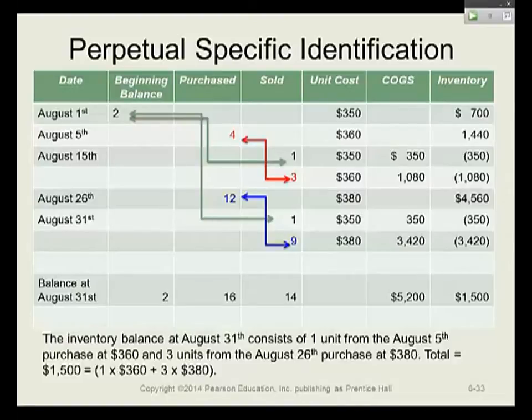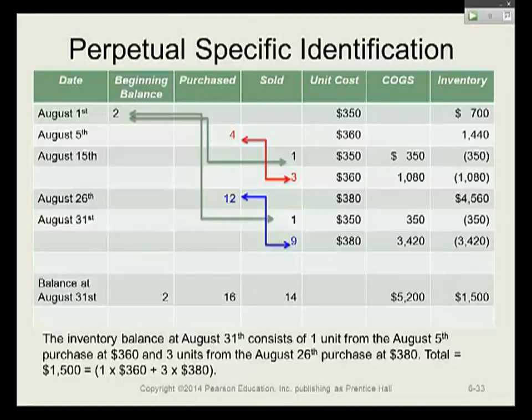Again, this is relatively easy because I would have to tell you that one of the units you sold came out of the beginning inventory. Now there's nothing left in there, right? That's now down to 0, the beginning. And 9 of the units come out of the August 26th purchase. So you sold 1 at 350 and you sold 9 at 380.